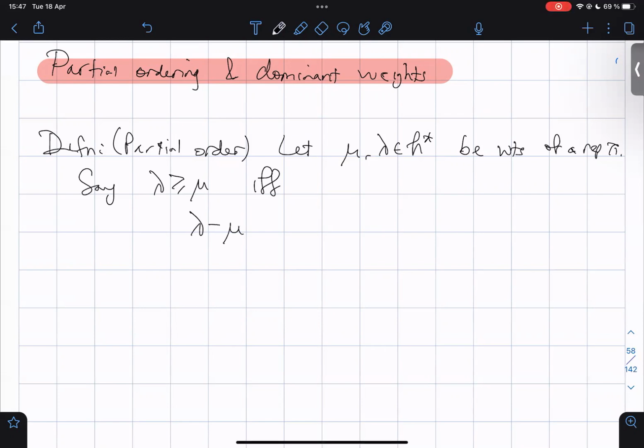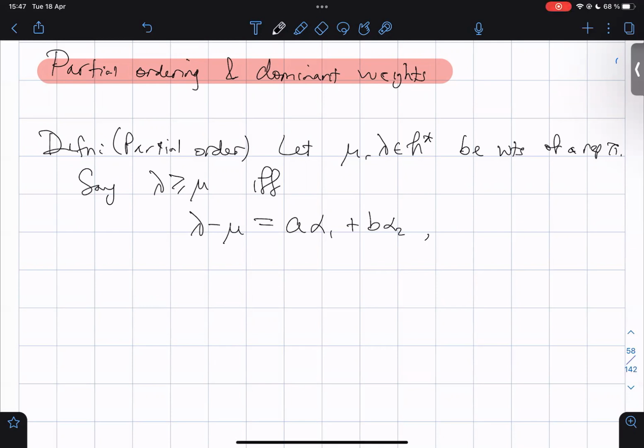But what does that mean? So let's take this weight and write it out with respect to the simple roots. Not the fundamental weights, but the simple roots.